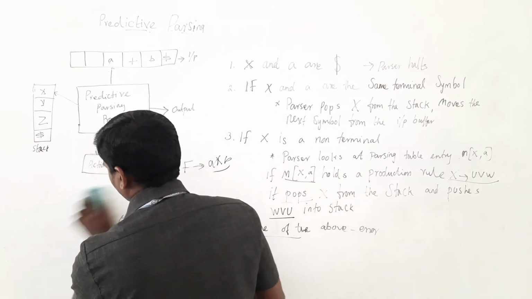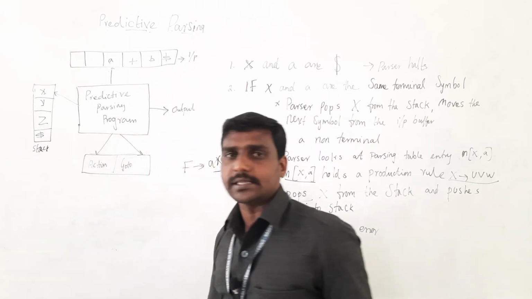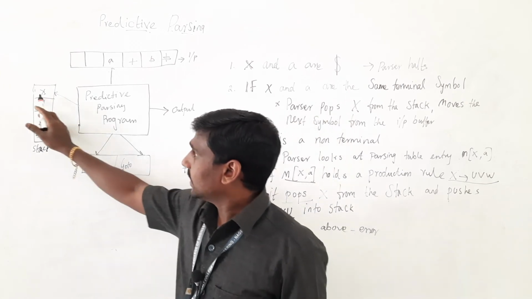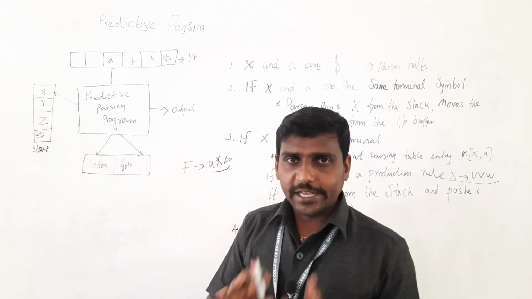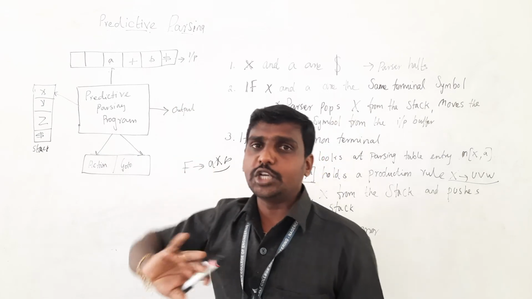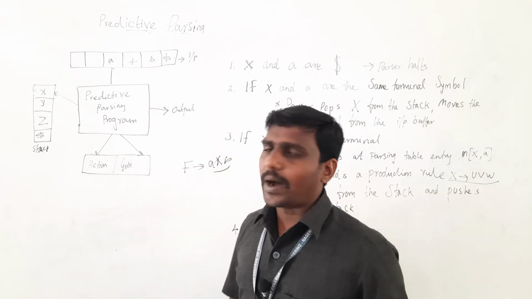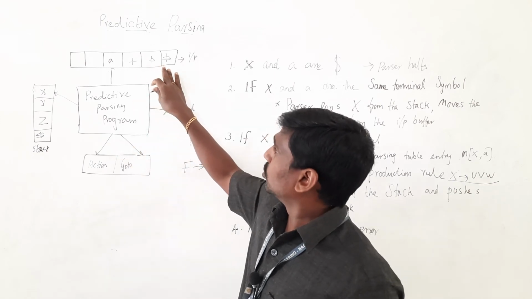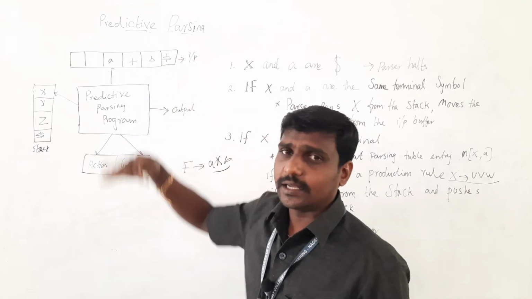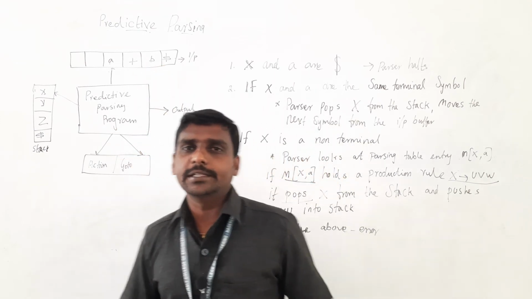So in this behavior, you have to understand: if the top of the stack is a variable and the input symbol is dollar, we don't want to parse further, because it is successfully completed, okay.